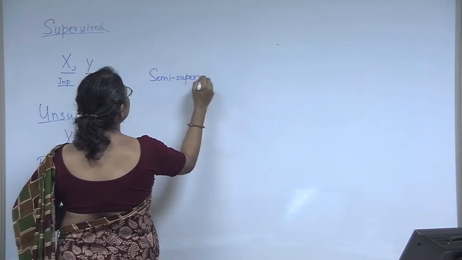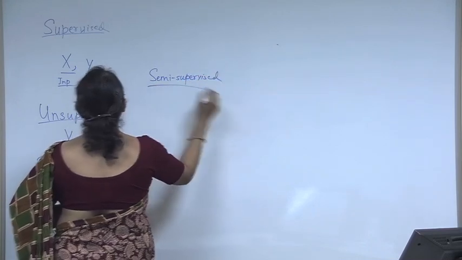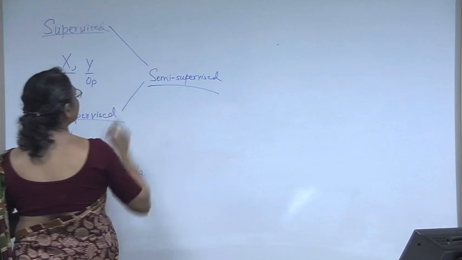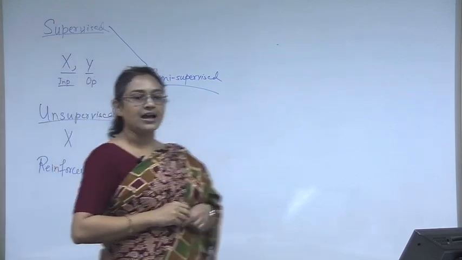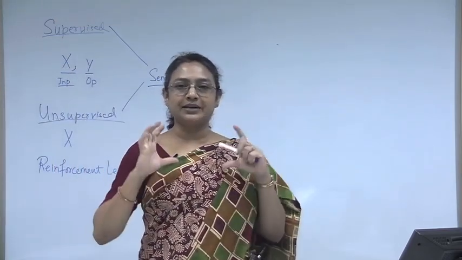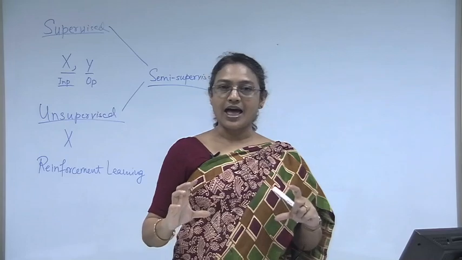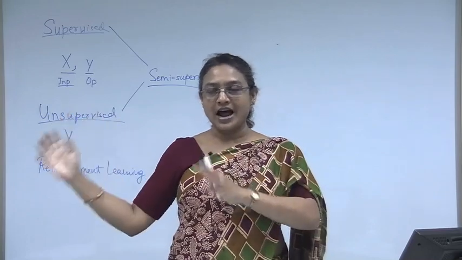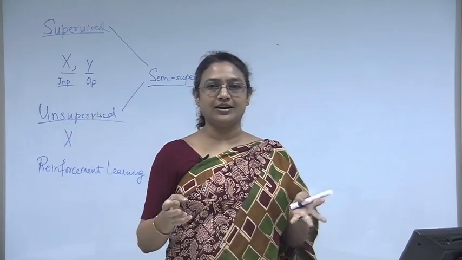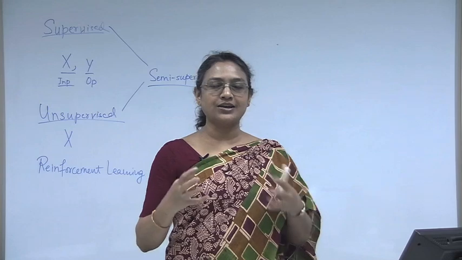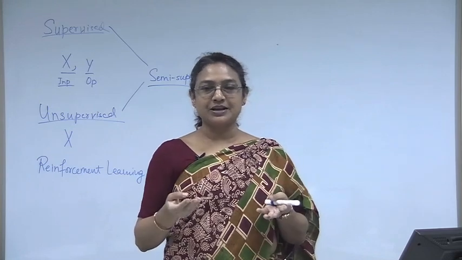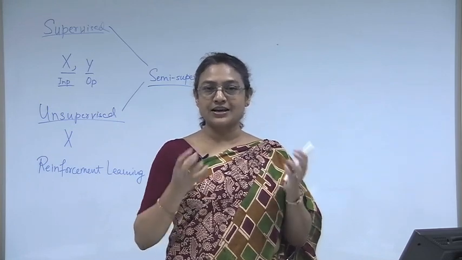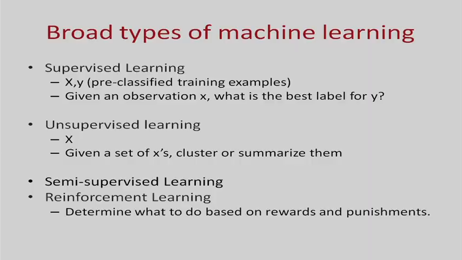In semi-supervised learning, it is a combination of supervised and unsupervised learning. That is, you have some labeled training data and you also have a larger amount of unlabeled training data. And you can try to come up with some learning algorithm that can work even when the training data is limited.